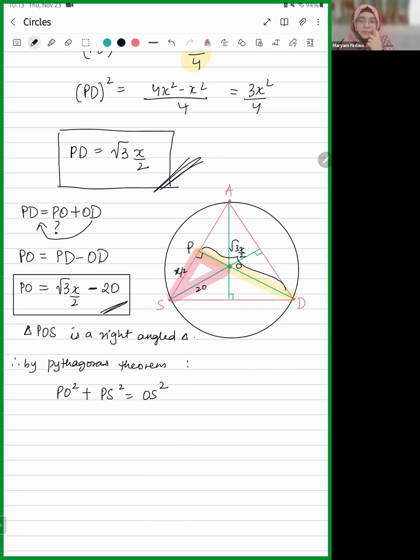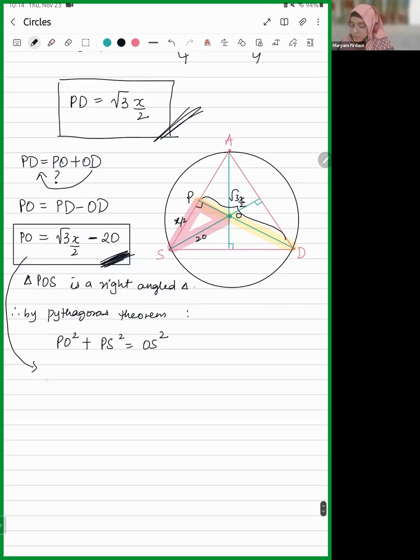Till here, is it clear? Avni, Zain, Abdul Rahman, Abdul Jabbar, clear? Okay. So PO whole square. Now what is PO? We have written it over here, so I'm going to bring this over here. PO is root 3x by 2 minus 20.